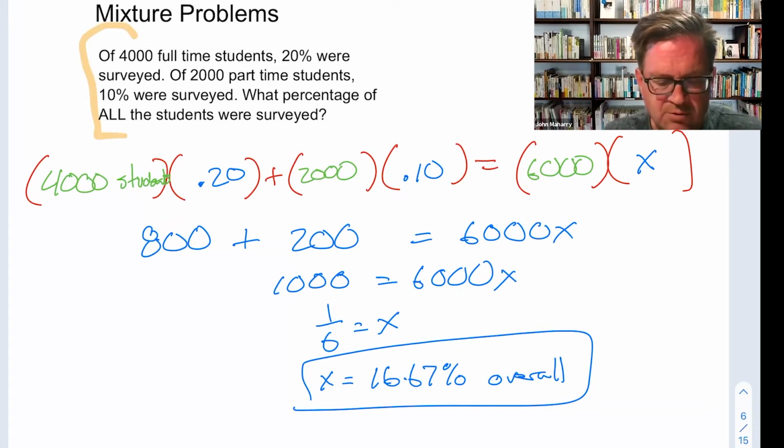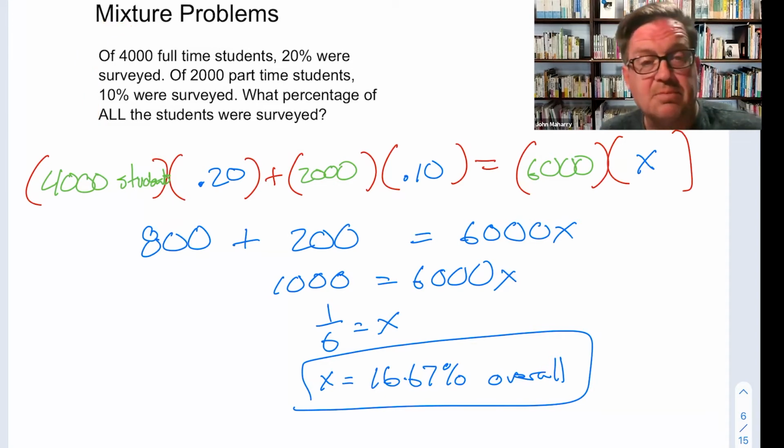Of the 4,000 full-time students, 20% of that population was surveyed, and of 2,000 people in a different population, 10% of the part-time students were surveyed. So when you combine the students into the whole student body, what percentage overall was surveyed? That's the question.